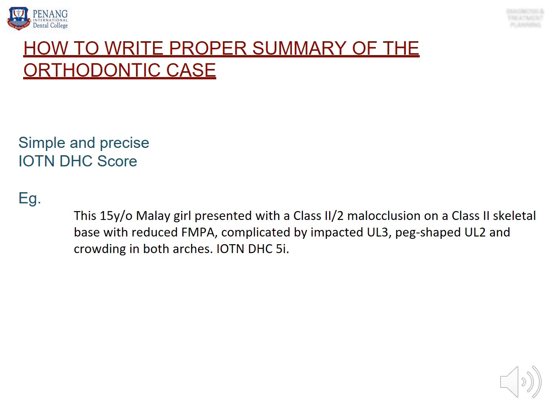The IOTN DHC is 5I because of the impacted canine. So when you write a proper summary like this, orthodontists can have a brief view and brief information about the case that you refer to the orthodontist.